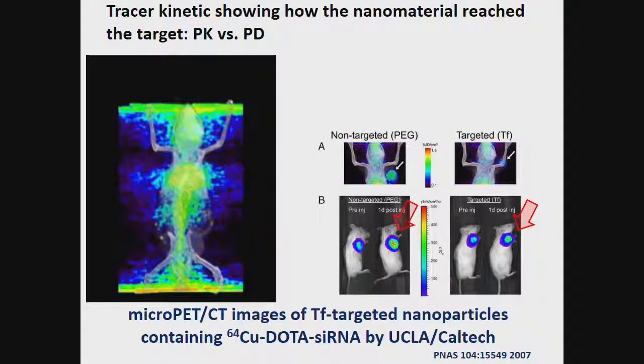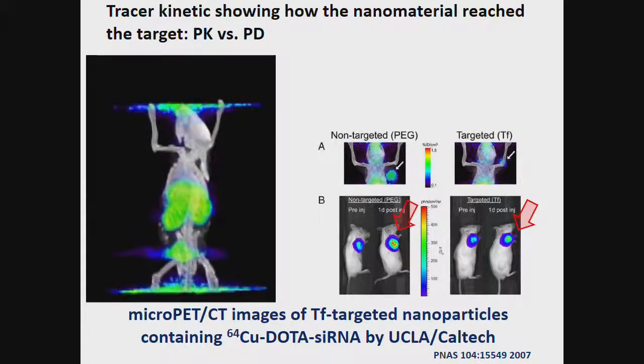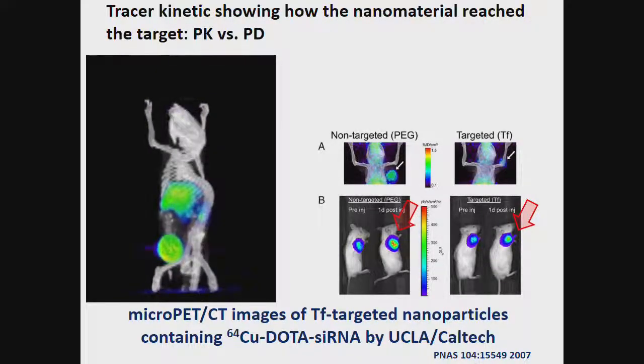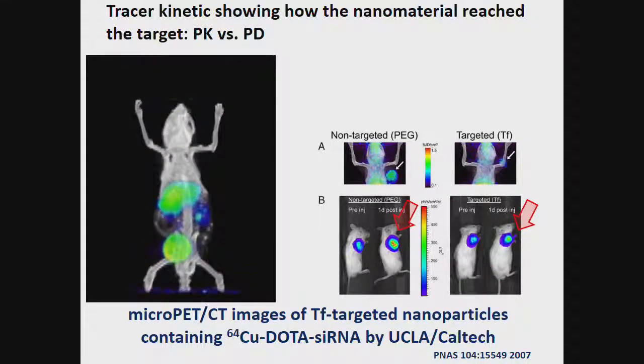So this was the first one that I just found here. The UCLA and Caltech leaders, they did use the copper at the time and siRNA for therapeutics.